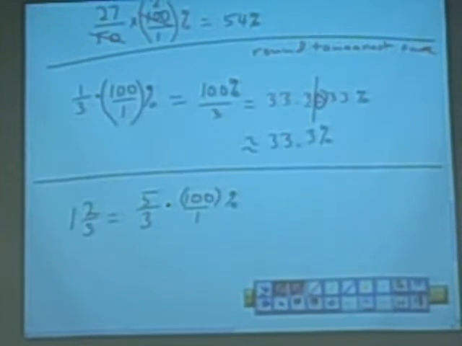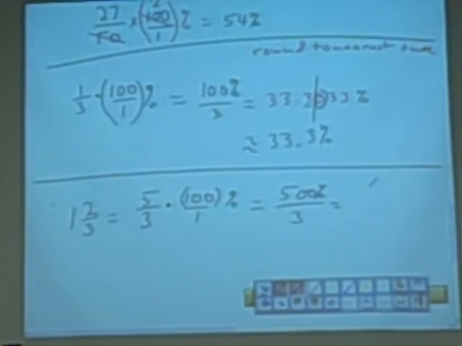And we'll put our percent sign outside because we need that. And so that'll give us, nothing cancels, right? So that's 500% over 3. And so we have to divide that.